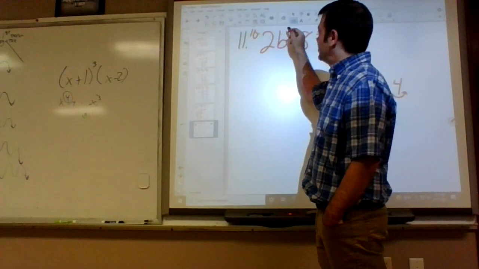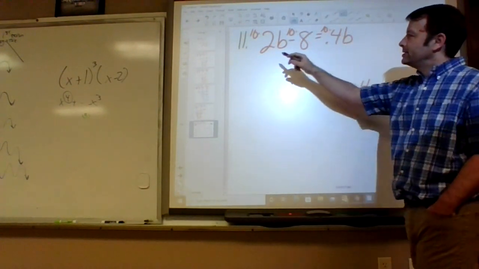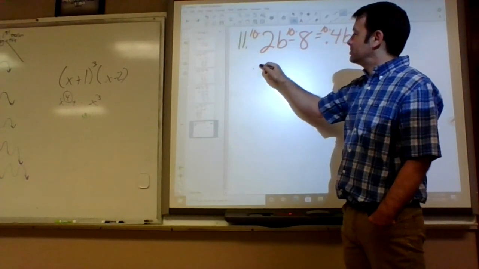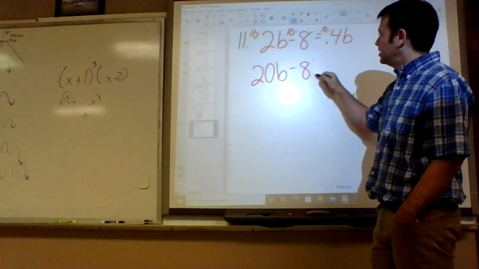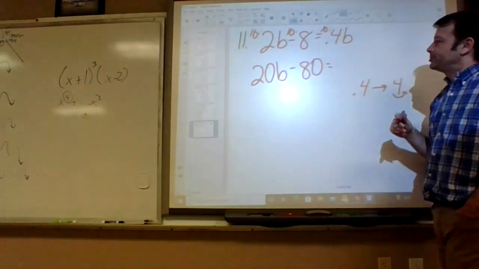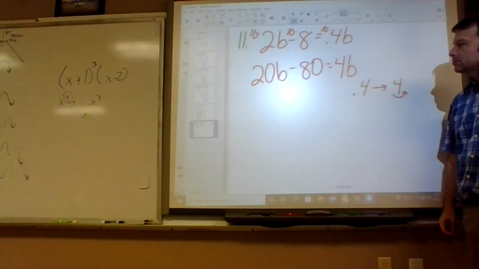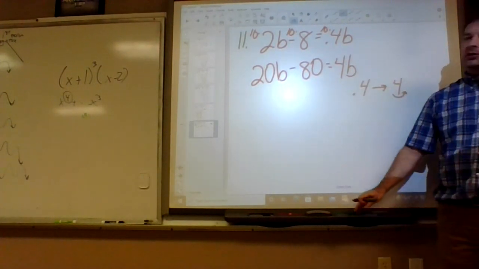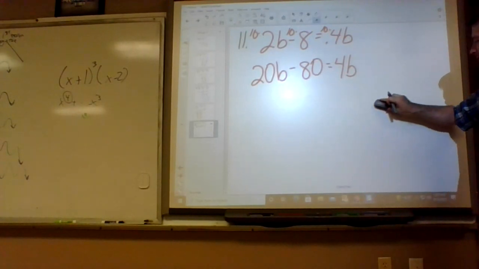So you probably don't need to write this, but it's basically what we're doing. 10 times 2b is 20b, minus 10 times 8, 80. 10 times 0.4 is 4. So no more decimal place, or no visible decimal anyway.